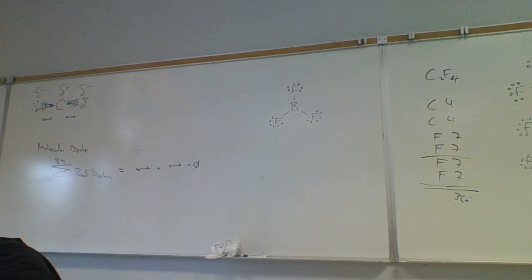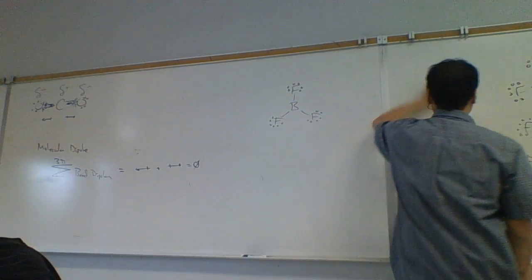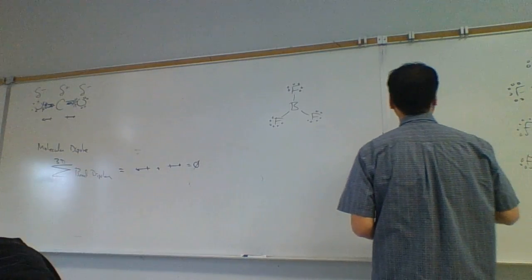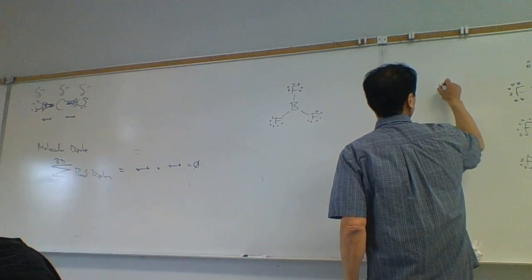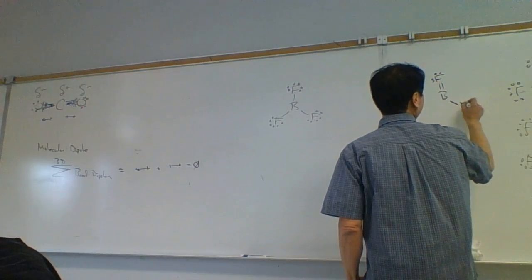I really want to make a double bond with BF3 because of boron. That would be a great fix for boron. If I could double bond this, boron would be much happier.